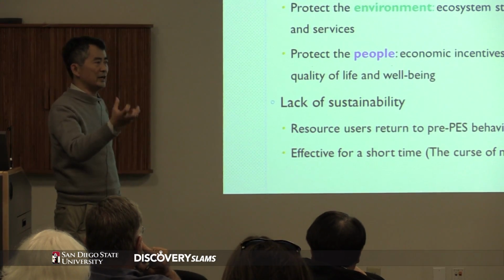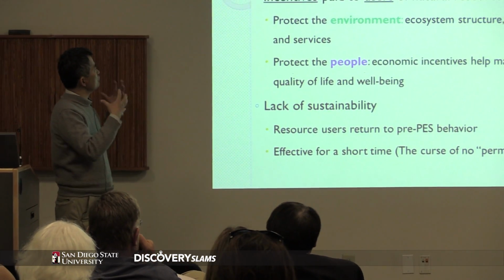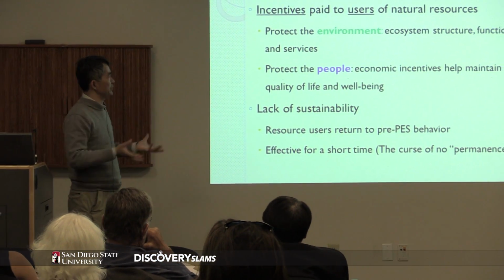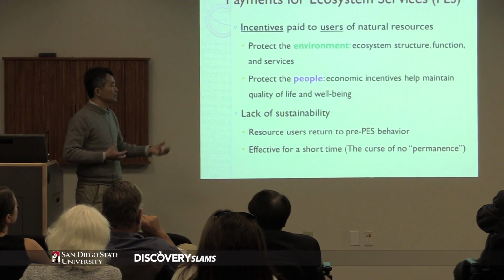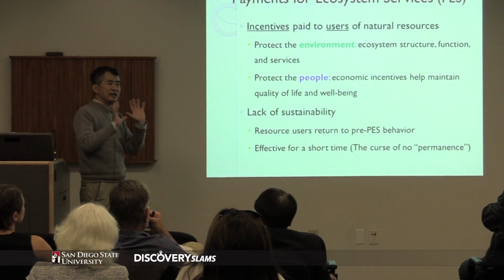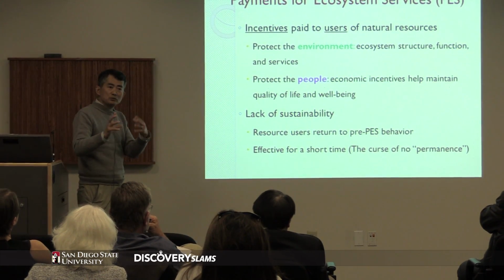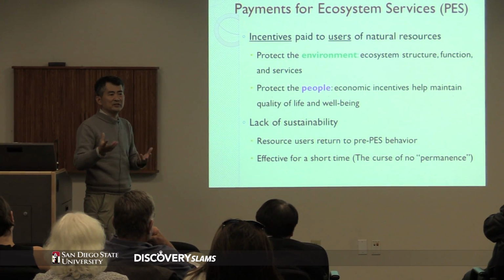So what we do as humans or as policymakers, we do payments for ecosystem services. What we do here is we give money to some users of natural resources such that they stop doing something or they continue doing something that is environmentally good.